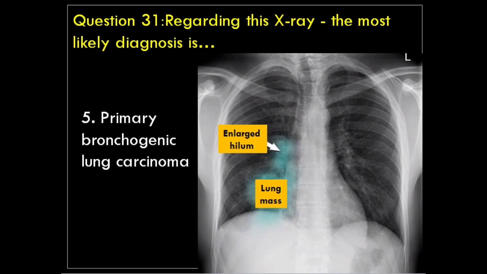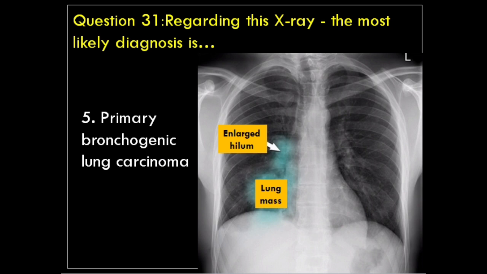The correct answer is primary bronchogenic lung carcinoma. There is a large rounded area of increased density in the right lower zone, and enlargement of the right hilar structures. Sarcoidosis usually causes bilateral hilar enlargement and areas of consolidation. Mesothelioma usually presents with signs of pleural disease such as a pleural effusion or pleural thickening.